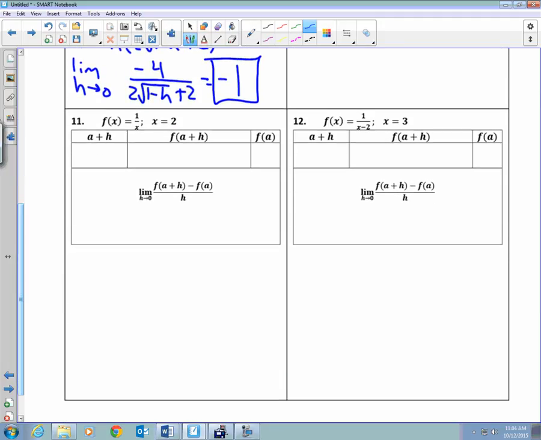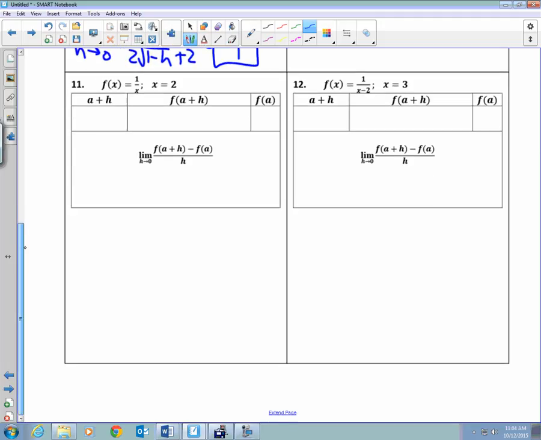Okay, we moved to 12. This is the last one we'll do in class. X is 3, so a plus h is h plus 3. The function is 1 over x minus 2. So f of a plus h will give me h plus 3 minus 2, or 1 over h plus 1.